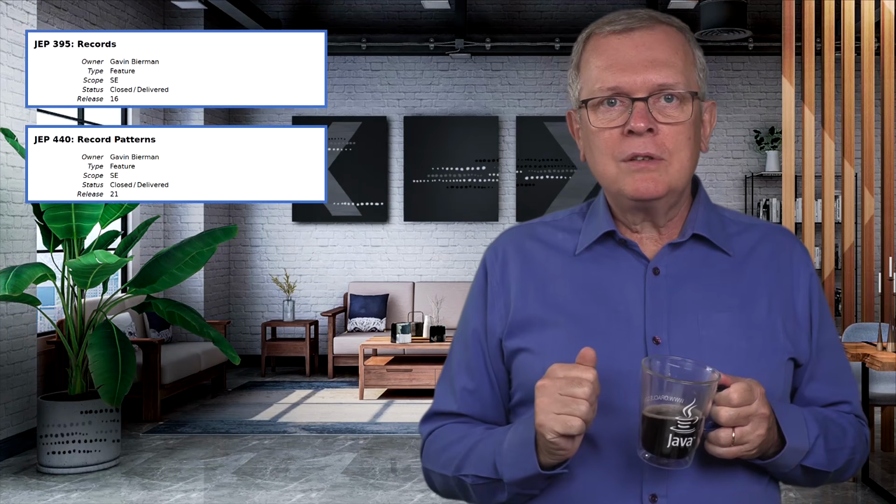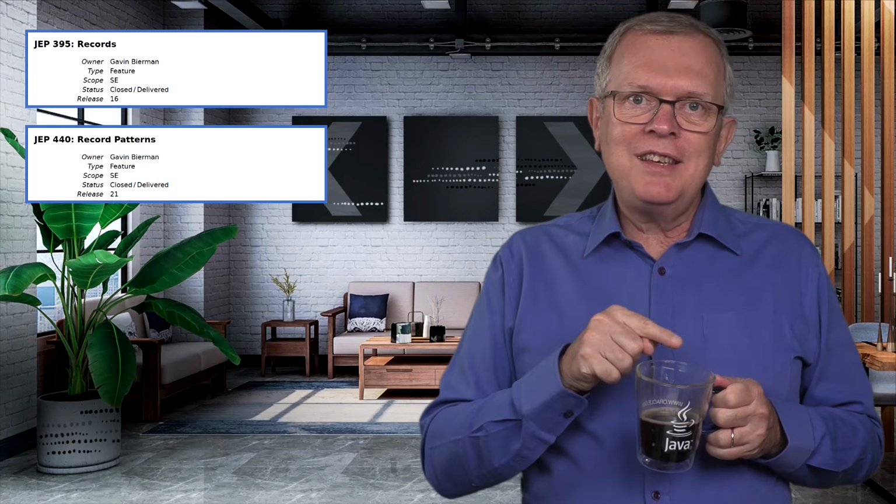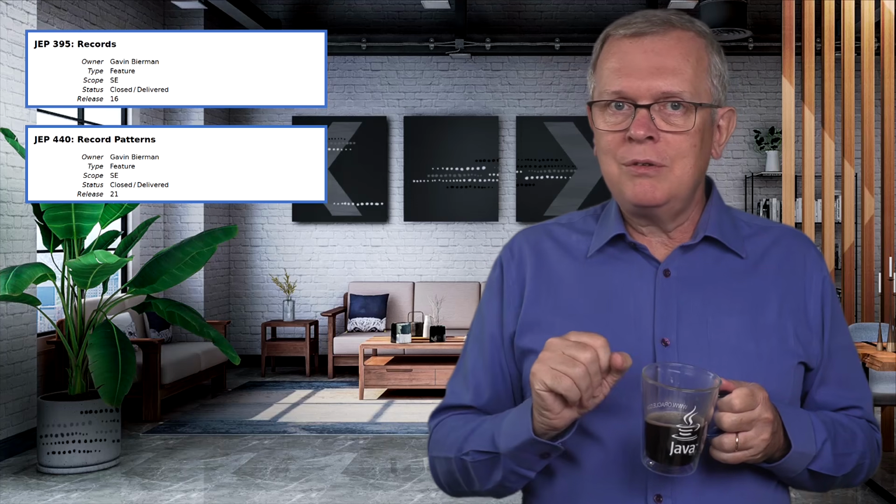So don't use unnamed variables for performance reasons. You may be wondering why the record accessors are still called if the result is just thrown away. Well, there are actually several reasons for that. First, records and record patterns were introduced in the JDK 16 and the JDK 21 respectively.